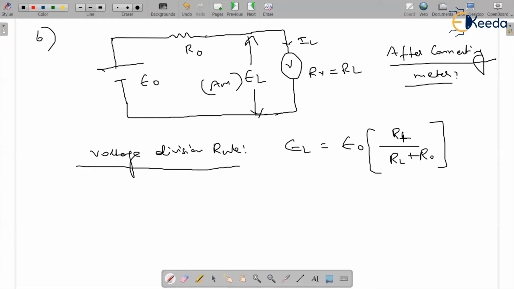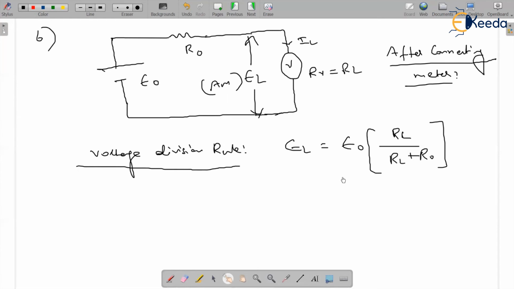I want the voltage across here, so the total voltage into the same resistance RL by RL plus R naught, not more than this.